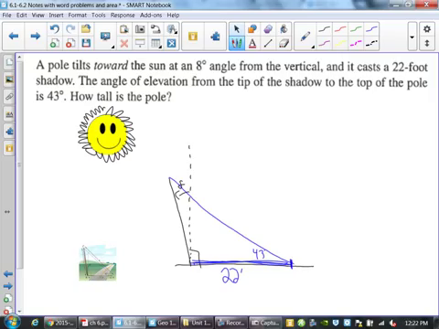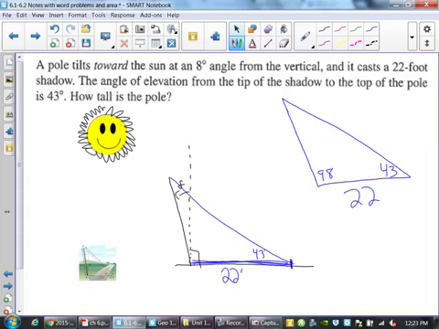So you just drew this line. We have to find that side, but we need to find some bit of information. If I redraw the triangle, I know that this is 22, this is 43. If this angle was 90 plus 8, this angle is now 98. So in order to use the law of sines here, I just got to figure out that angle.